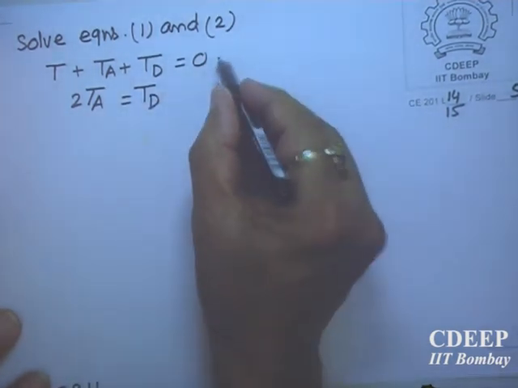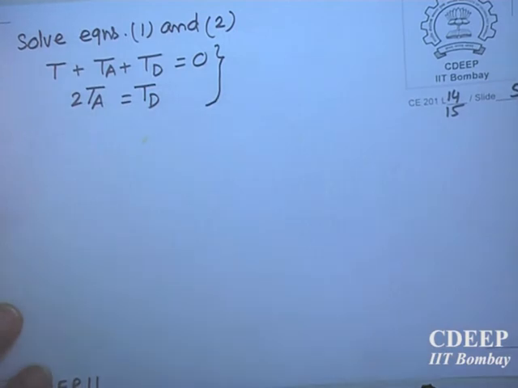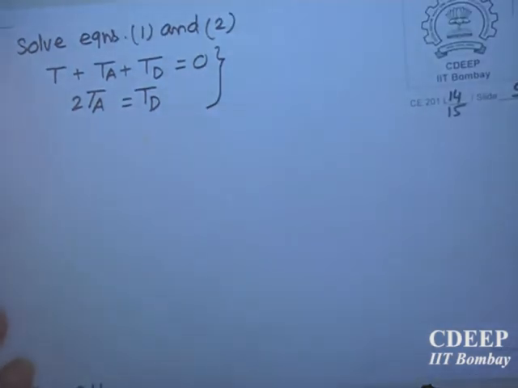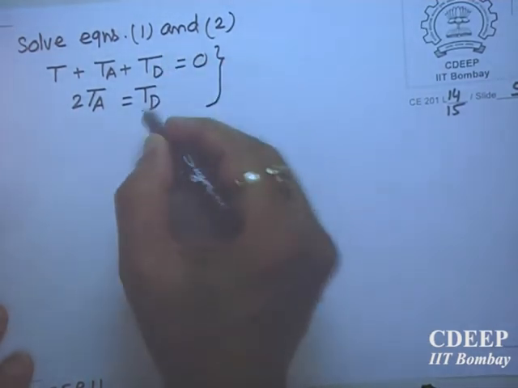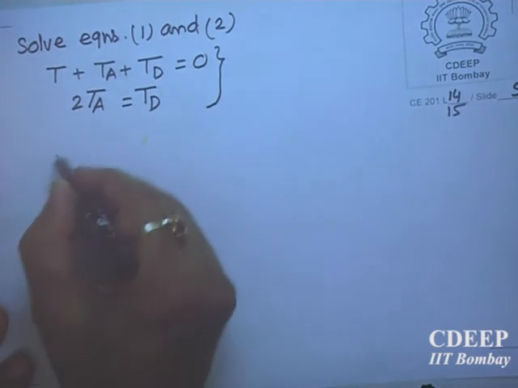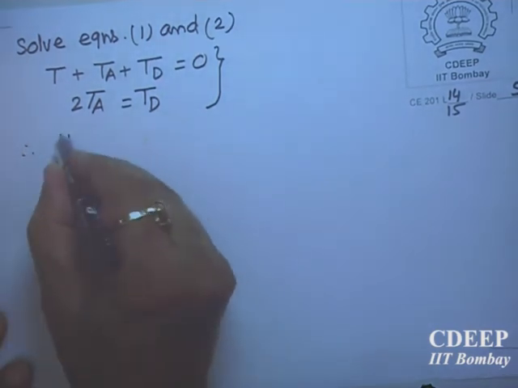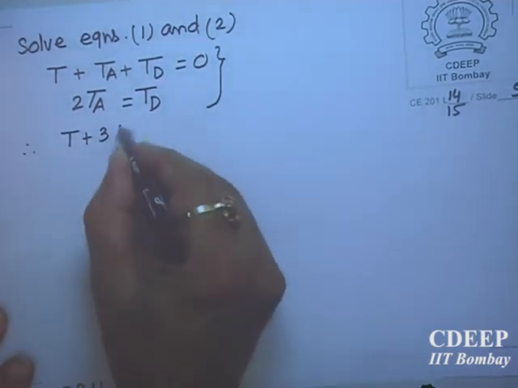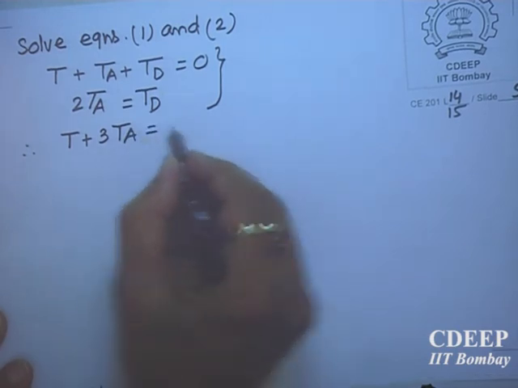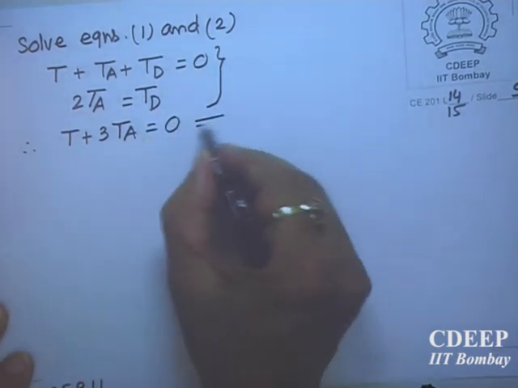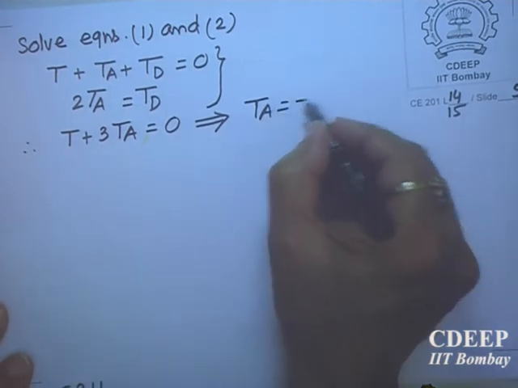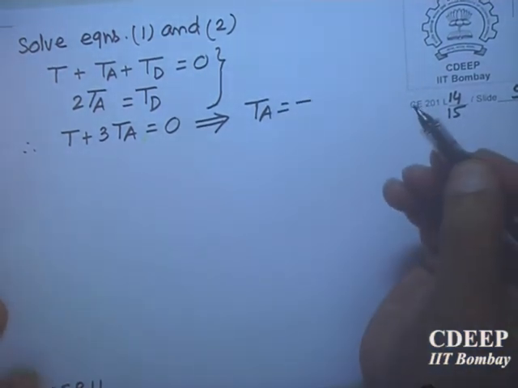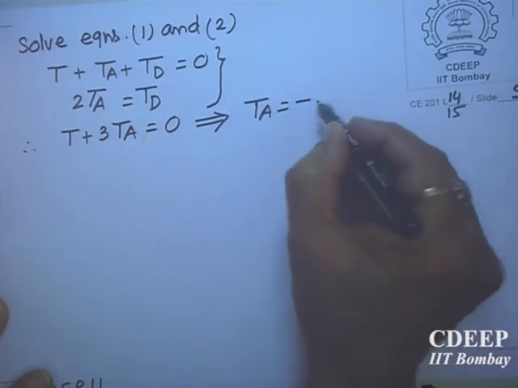So please solve these two. How much is the value of TA? If I substitute TD equal to 2 TA, I get T plus 3 TA equal to 0. Therefore this gives me TA equal to minus T by 3.